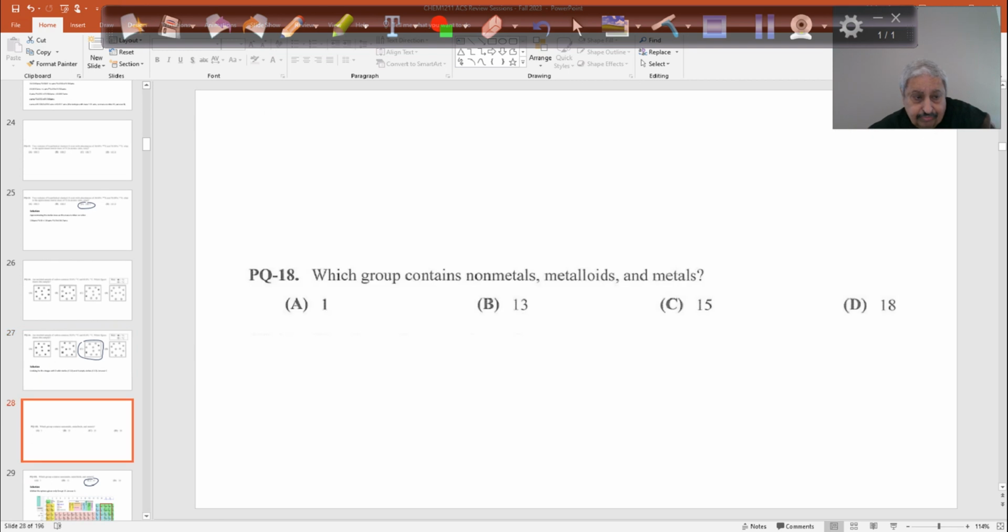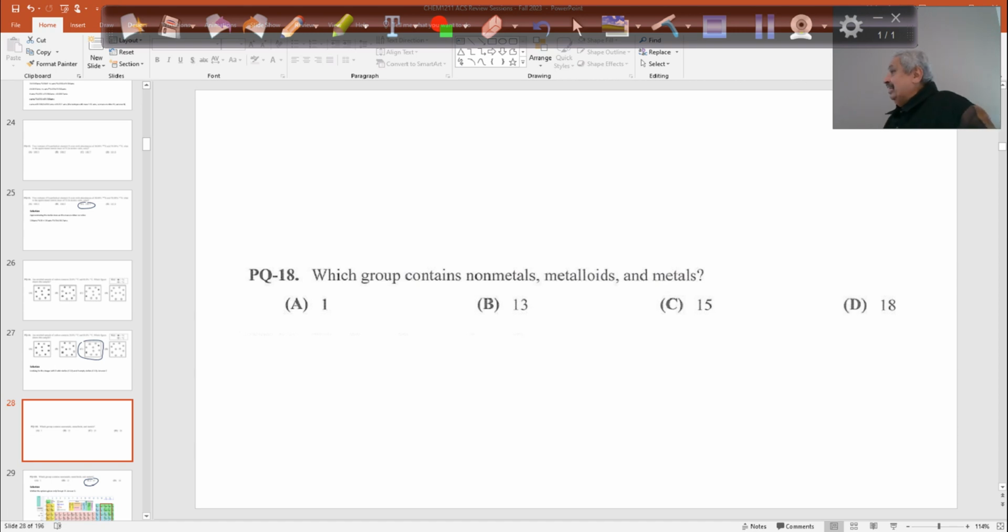So here it is. Which group contains non-metals, metalloids, and metals? Well, I have to look at the periodic table. Which one has all of them? Non-metals, metalloids, and metals. Well, you know that if you go to the left of the periodic table, they are mostly metals. If you go all the way to the extreme right, that's non-metals.